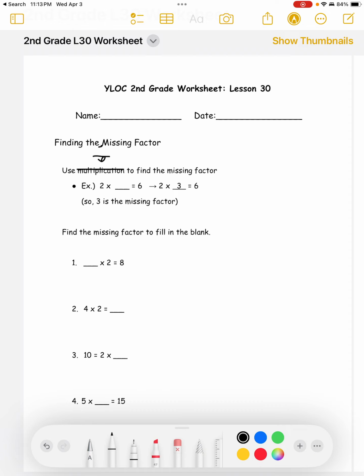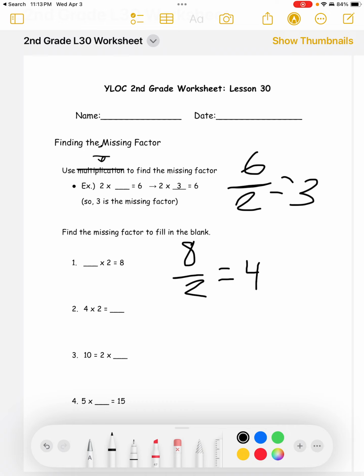But the easy way is division. So for this example problem, we could easily just do 6 divided by 2 equals 3, and 3 would be the missing factor. So 8 divided by 2, so 8 cut in half equals 4. So our missing factor would be 4.